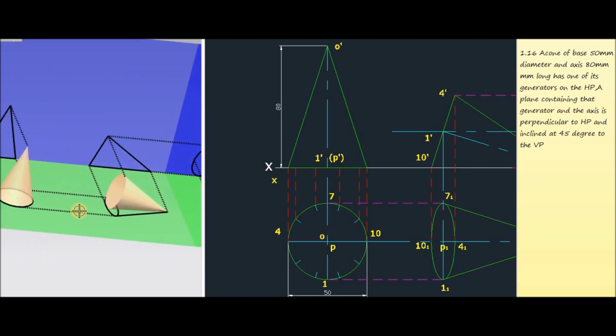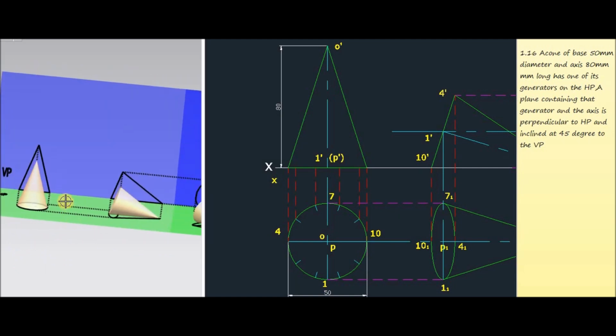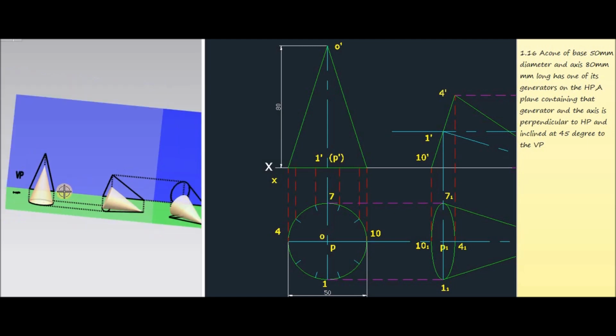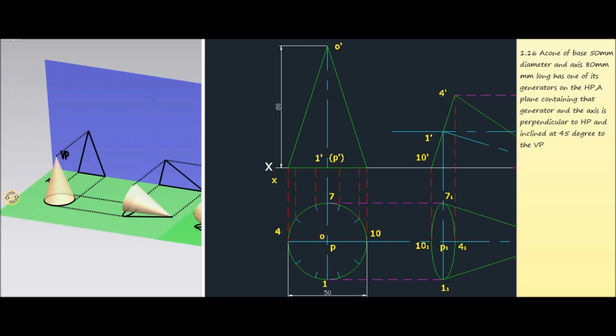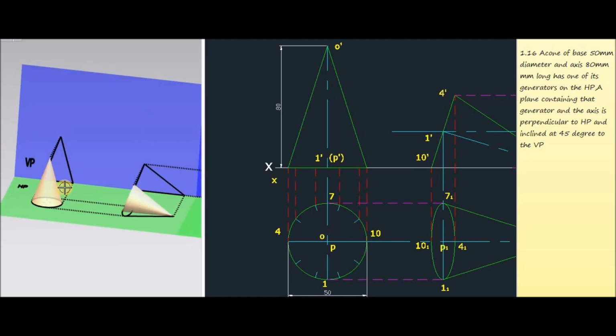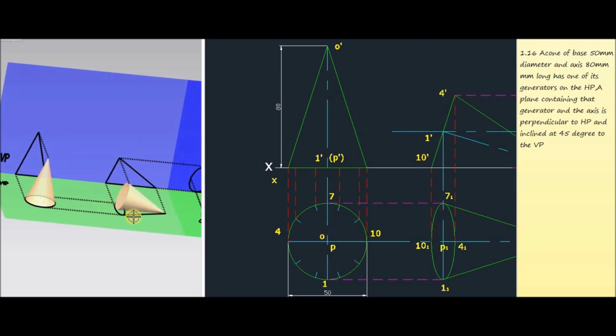Then in the second stage, we have to tilt this cone in such a way that it is lying on one of its base generators. If we mark the points here, we can see that 10 dash O dash will be the generator, and we have to place that generator 10 dash O dash here.